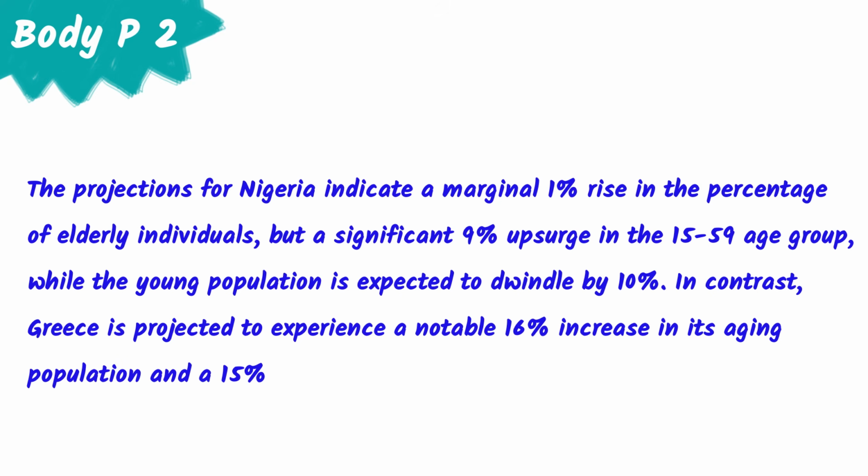And a 15% reduction in the 15 to 59 age category. So that's it. That's, let's say, a band 9 report on this pie chart. And I've tried to break it down for you in order to understand how you can write about the past tense and also your projections for the future.